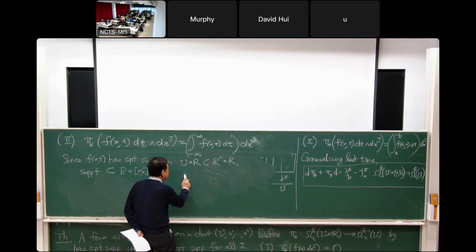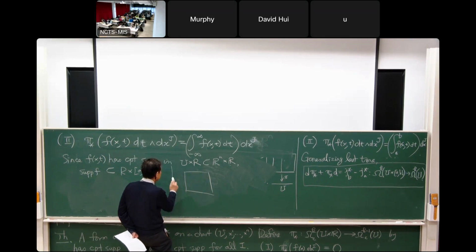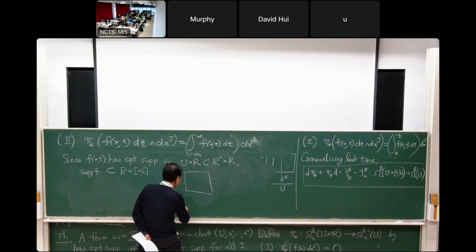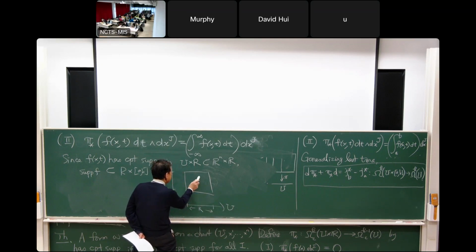Okay, so you have a closed rectangle R inside U, and the support of F is in here.